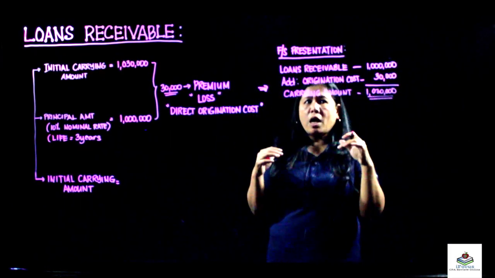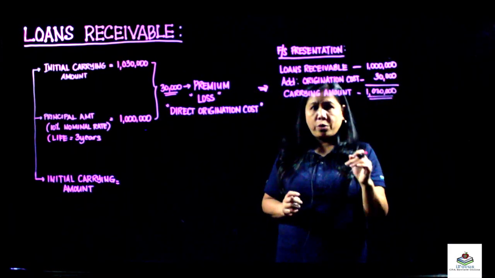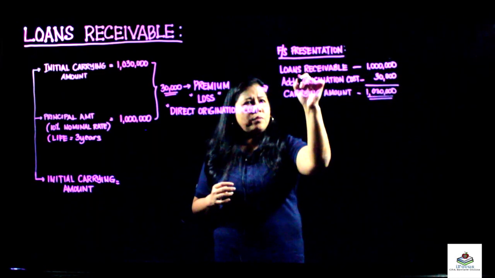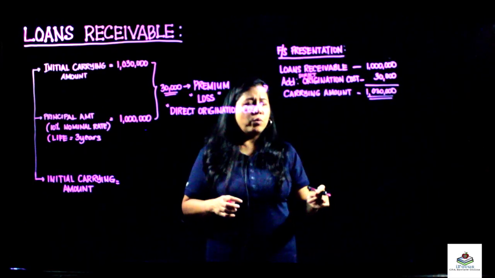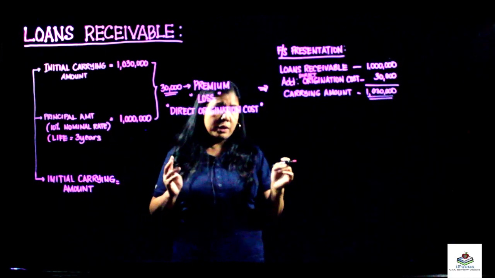The carrying amount in this example is 1,030,000. The 30,000 of the direct origination costs will be amortized over the life of the loans receivable.